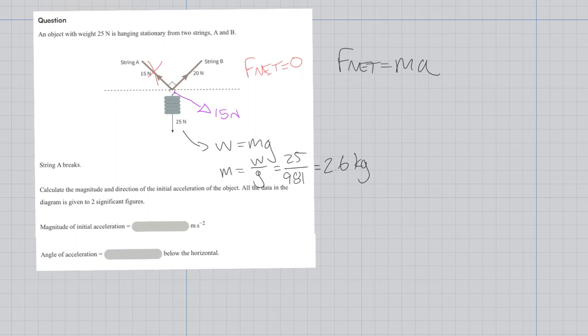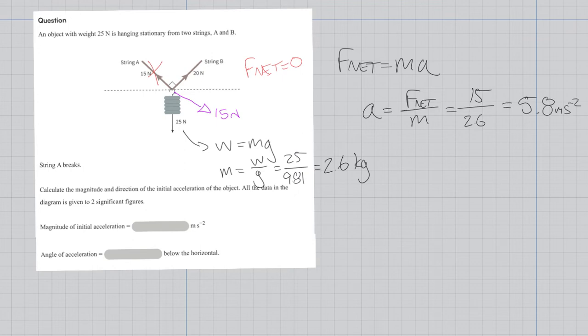So that's my mass. So now I'm going to find my acceleration. Using this equation, I'm going to solve for acceleration, which is going to be F net divided by my mass, which is going to be 15 newtons divided by 2.6, which will be 5.8 meters per second squared.